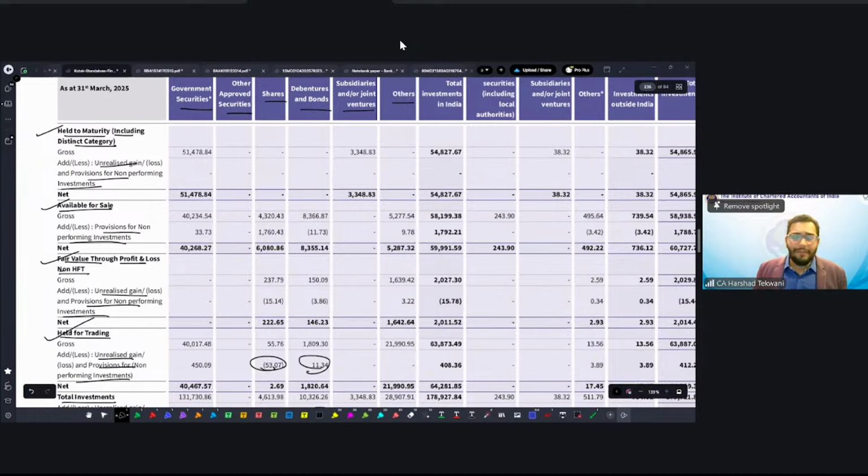Again, there is a sale. When you sell a particular held to maturity, when you do a fair valuation, there are operational guidelines. There are non-SLR securities which are not held for the purpose of SLR, because there are securities which you hold for the purpose of SLR also. In that case, how are those securities required to be treated?